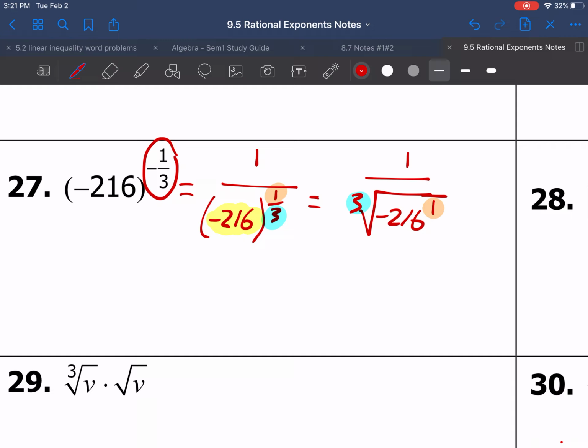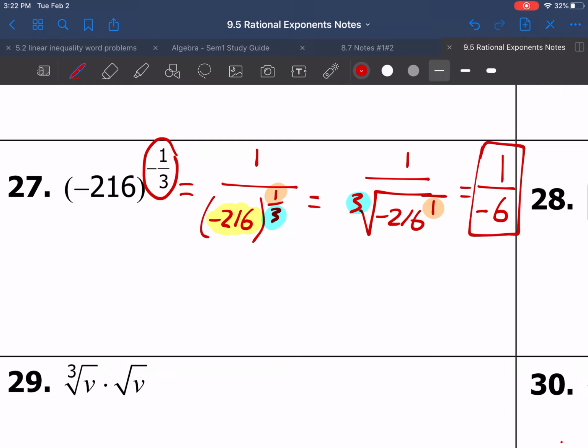Okay? So once you have that, this simplifies even more because you can find a number that will multiply by itself 3 times, or just grab your calculator, of course, and look for the cube root of negative 216, right?